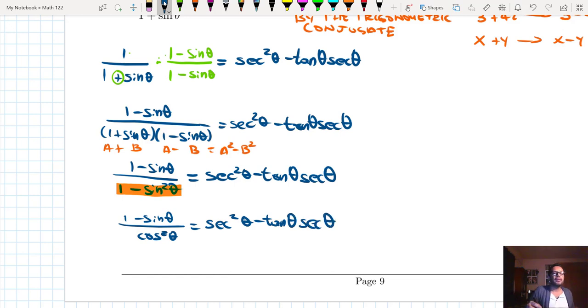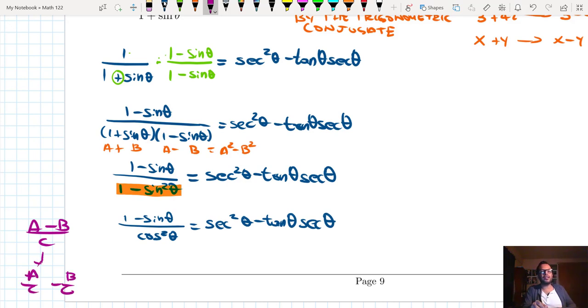Now, what are we going to do from here? Keep in mind the property of fractions: when you have a plus or minus b divided by c, this is the same as a over c minus b over c.